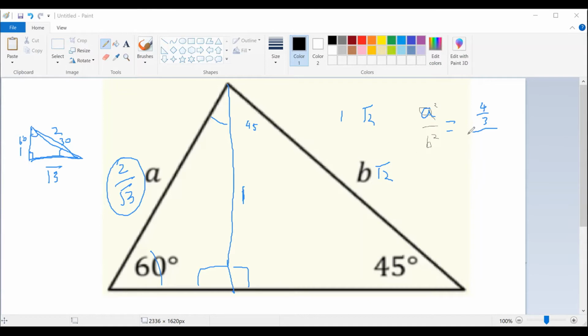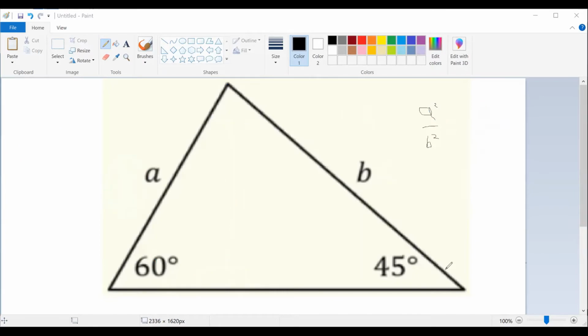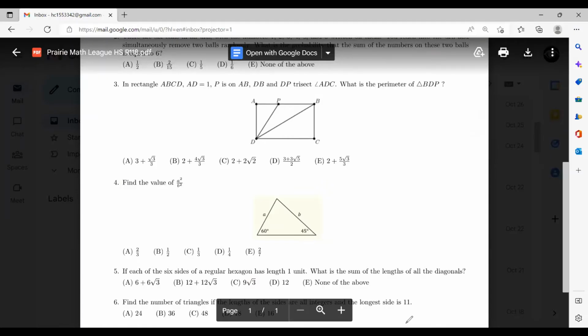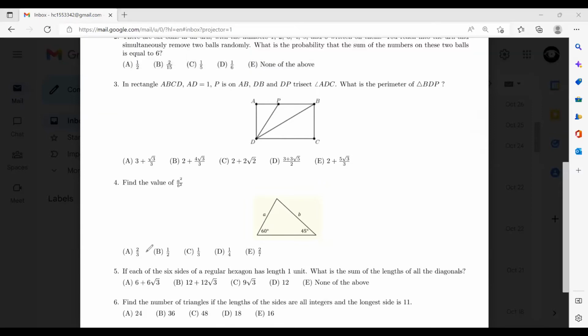B squared is 2. So the answer is 2 divided by 3, and as you can see, the answer is A, because this is the only two-thirds option.